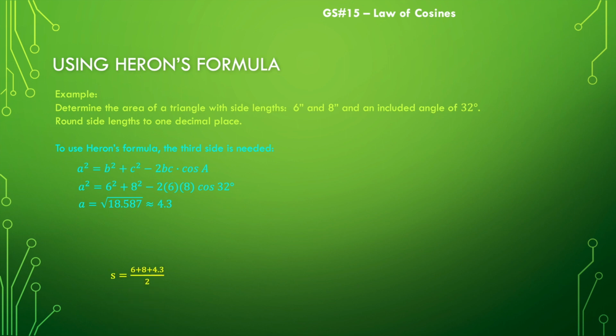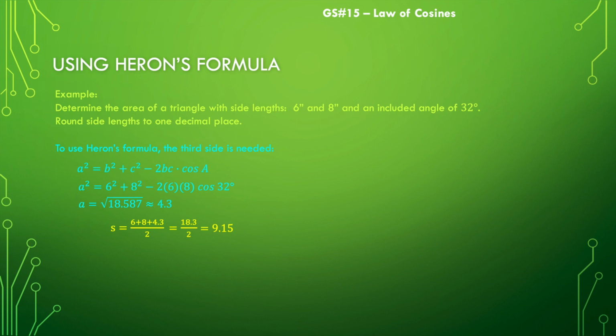Knowing that, we can go ahead and solve for s. s will equal the side lengths added, 6 plus 8 plus 4.3, and then divided by 2. We end up with a semiperimeter of 18.3 divided by 2, also known as 9.15.